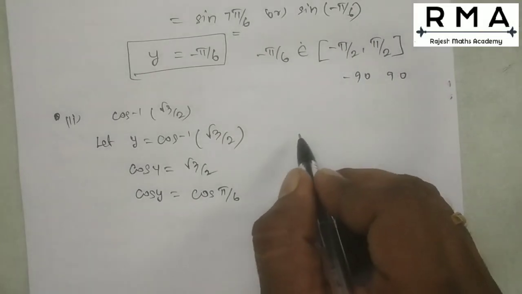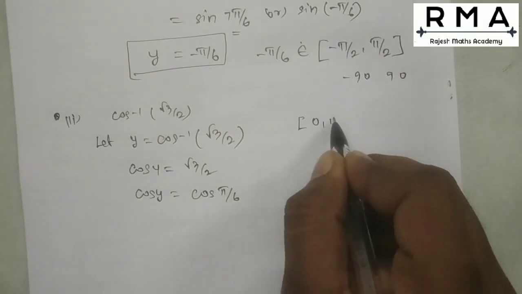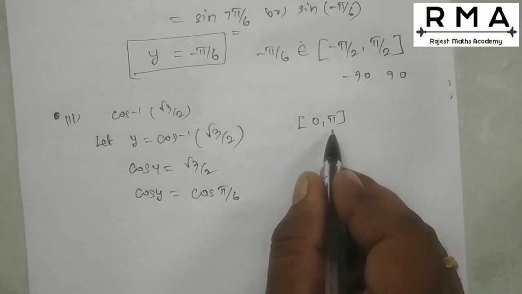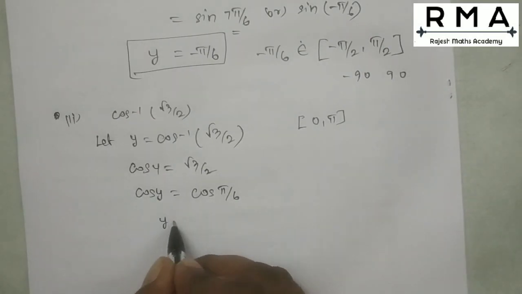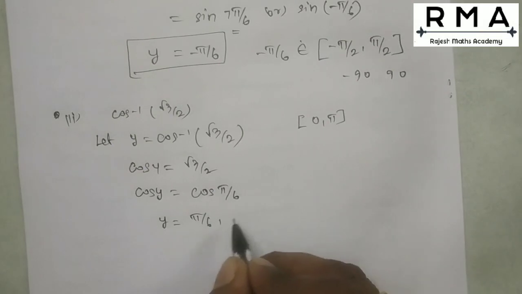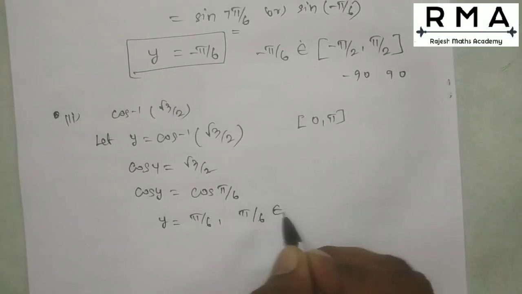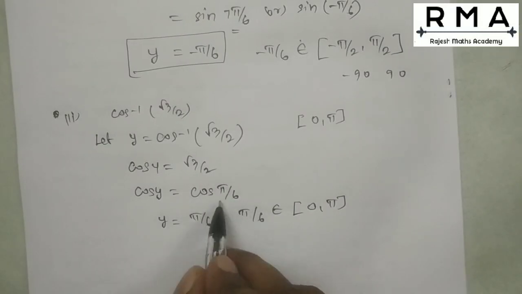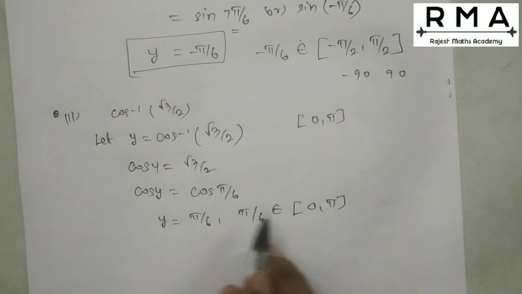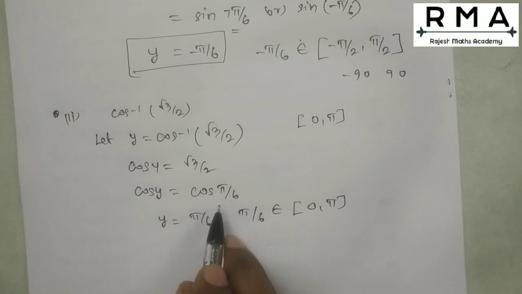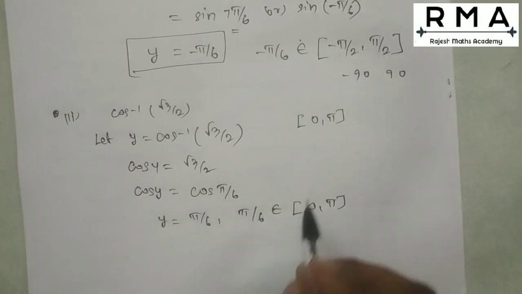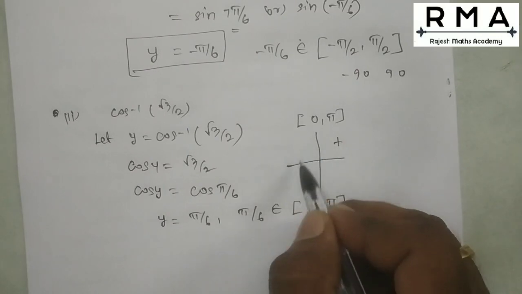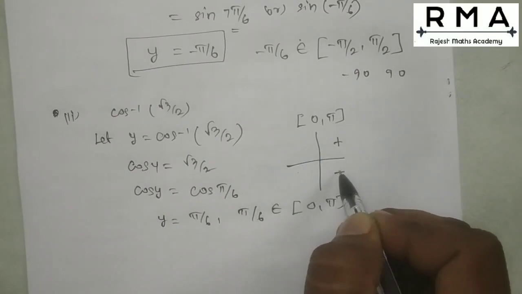What is the principal branch of cos inverse? That is 0 to pi. So clearly pi by 6 is lying inside the interval. So directly I can write y equal to pi by 6, because pi by 6 belongs to the interval 0 to pi. Suppose this pi by 6 does not belong to the interval, then we have to check wherever cos is positive. For example, cos is positive in the first quadrant, and positive in the fourth quadrant.